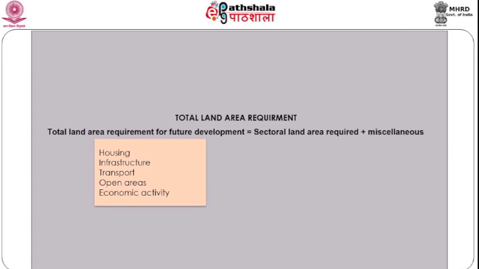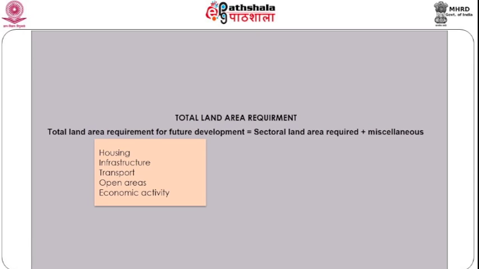So dear students, we had started off with the population projections, and then we went on to forecast the other requirements for various infrastructure and for housing. And now we come to the most important thing, that is how much land do we require for the future city? How do we estimate that?